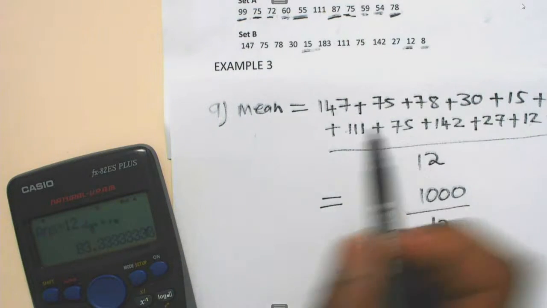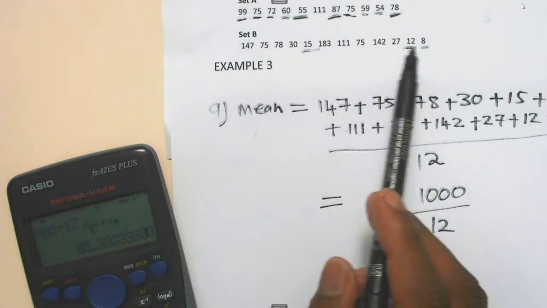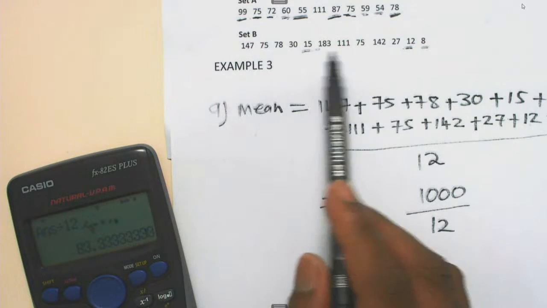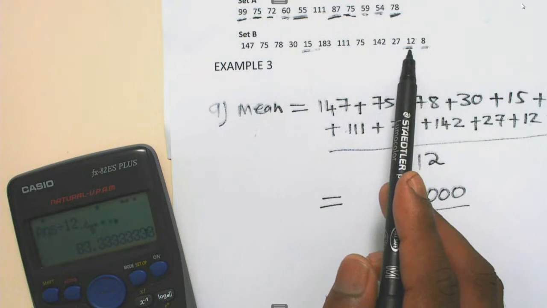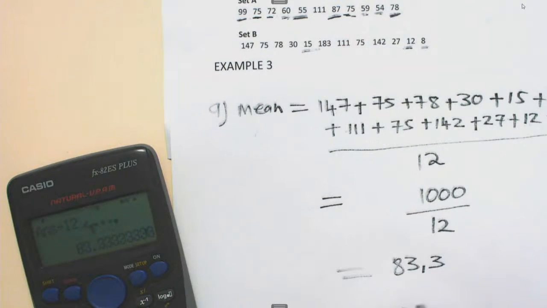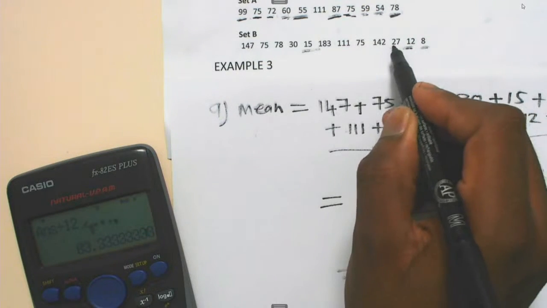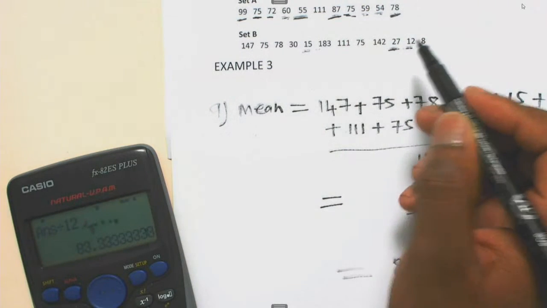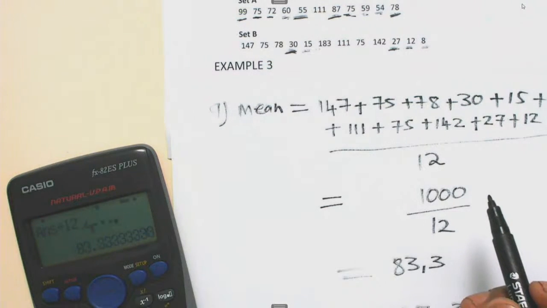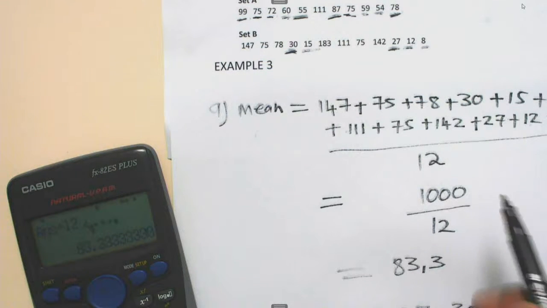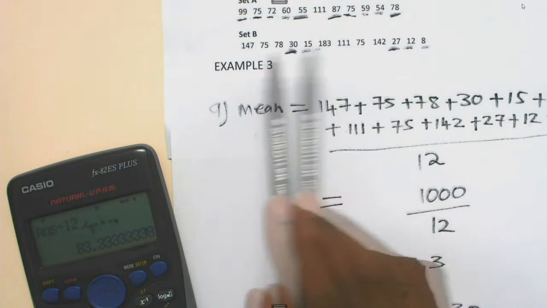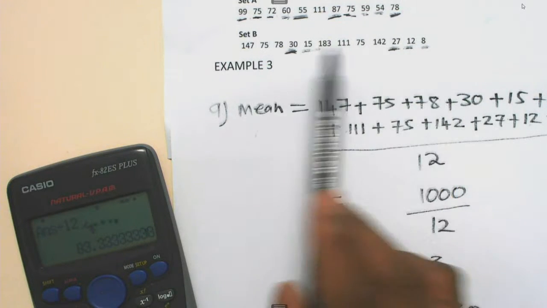After 15 we don't have any number in the tens, so we go to the 20s, and the next value is 27. After 27 we go to 30. After 30 we check the 40s, we don't have any, the 50s, we don't have, the 60s, we don't have.